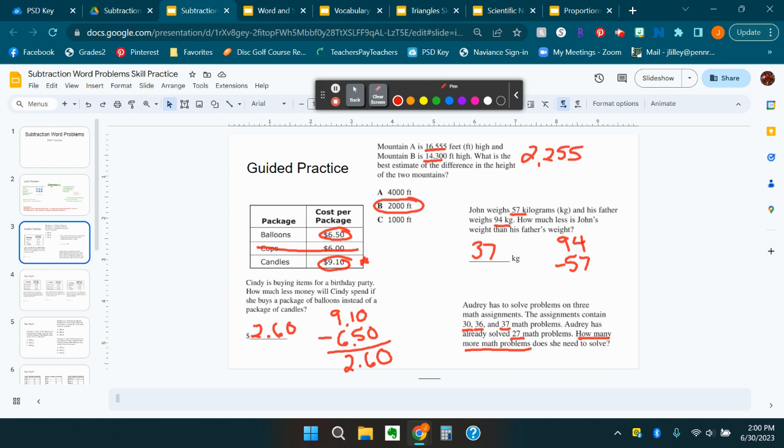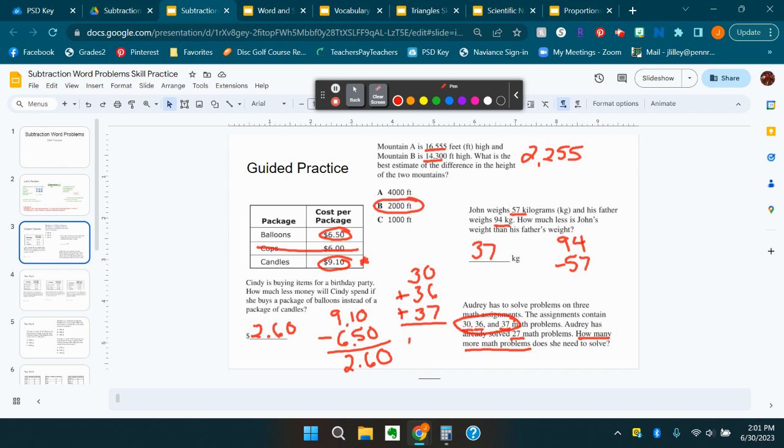The first thing we need to do, though, is figure out how many problems there are altogether. So we're going to take our first 3 numbers, which tells us how many problems are on the assignments, and we're going to add those up to get a total. So we're going to do 30 plus 36 plus 37 to get a total number of problems she needs to solve.